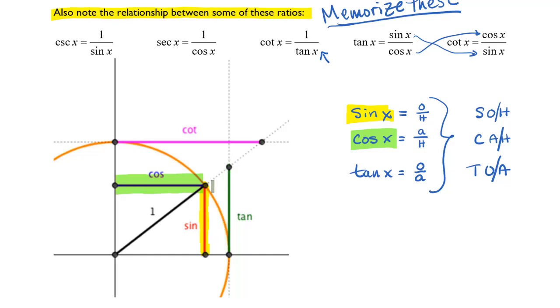Tangent is a ratio of y over x, so O over A, and it gives us a ratio that is tangent to the unit circle. It bumps the unit circle edge, and it is based on the height and width of the angle we're looking at that is formed into a triangle.